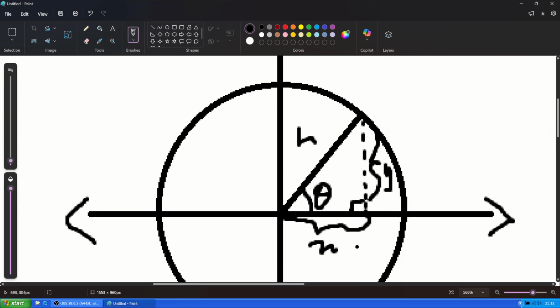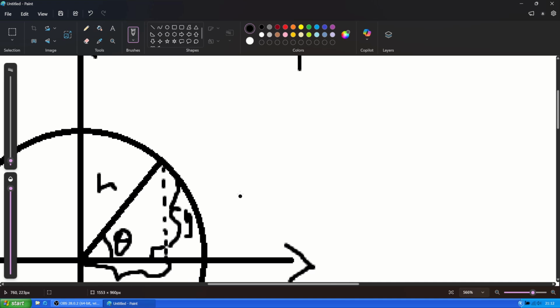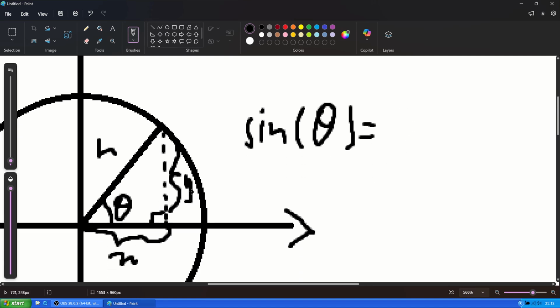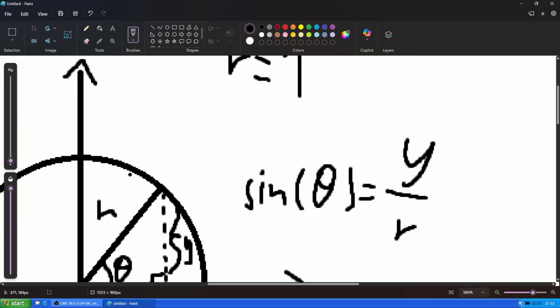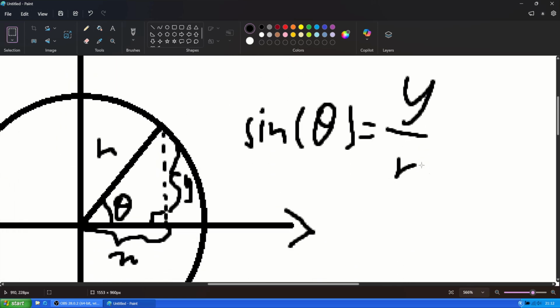Normally to find the sine of some angle, like sine of theta here, we would say it is the opposite of this angle, y, over the hypotenuse, or r, which also, funny enough, looks like an h. So I guess it kind of fits. Look at that, my terrible handwriting actually paid off for once. But because we know that in this instance r is equal to 1, we can just say that it is equal to the length y.